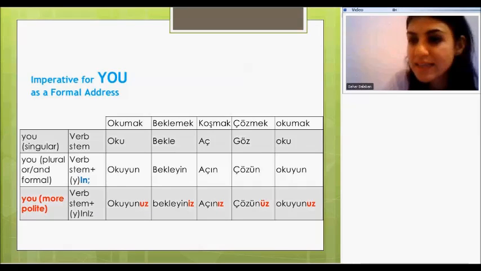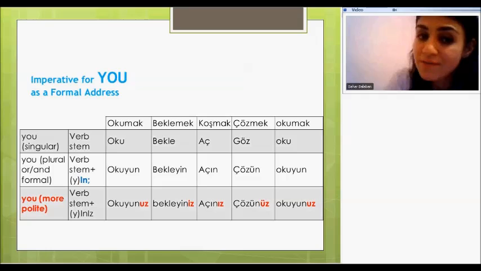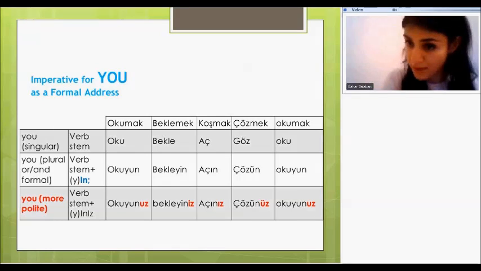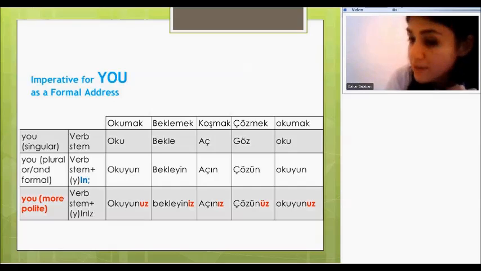So, how about we do a sentence here? Let's say, please read the letter. Please is lütfen. Lütfen. L-Ü-T-F-E-N. To read is okumak. We already have the okuyunuz part here. And the letter is mektup. It's M-E-K-T-U-P.